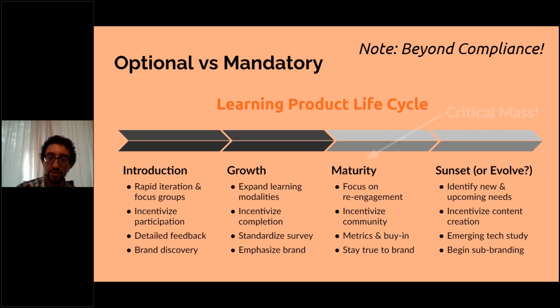But at some point, during the maturity phase, and this is just your typical product life cycle, it reaches what I like to call critical mass. Let's say we have 1,000 developers. Your first 50 that go through and complete the training earn it. It looks good for them, right? That's different, that's something special.